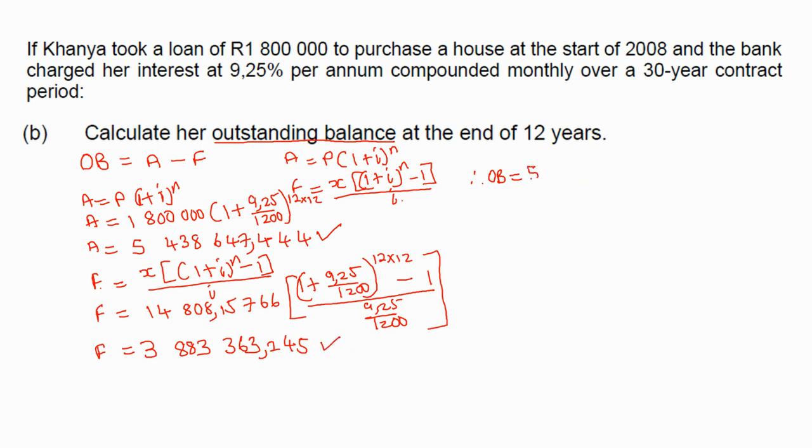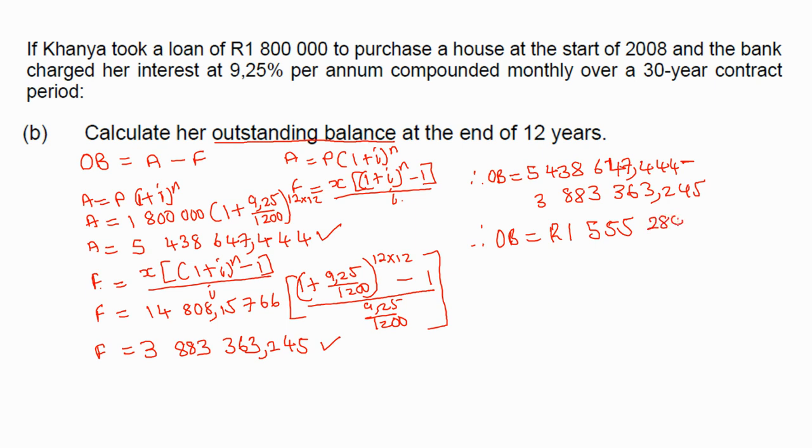So it's going to be 5,438,647.44 minus, we are subtracting, 3,883,363.245, and then we get that our outstanding balance is equal to 1,555,284.19, something, and we round off, so it becomes 20. So that's our final answer there.